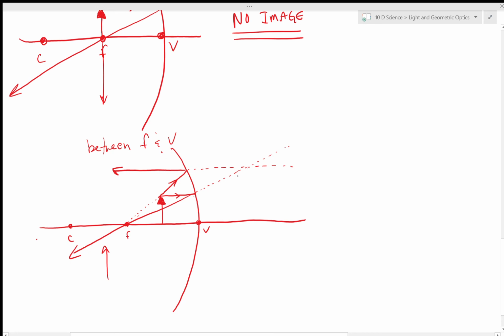Where they cross, that represents the same point on the arrow where this is actually occurring. And so I do produce an image here. This image is able to be described here.